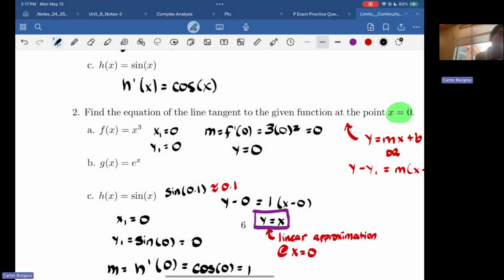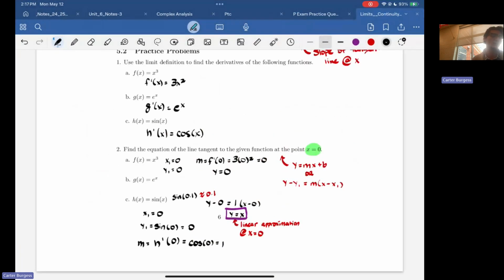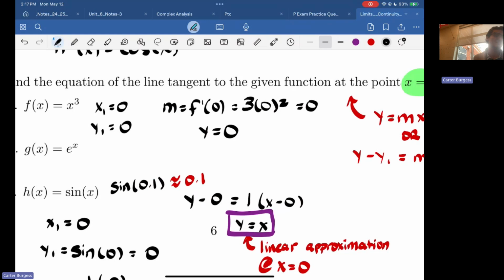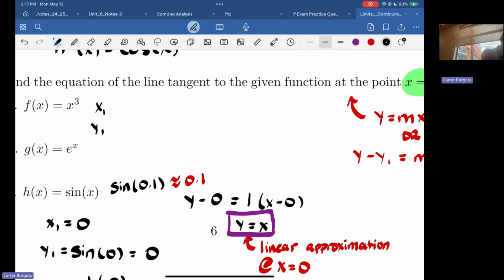But let's examine somewhere else. Let's take a look at what's going on when x is equal to 1 instead of 0, because at 0 it's kind of boring. What is the corresponding y value when x is equal to 1? Just 1, okay.